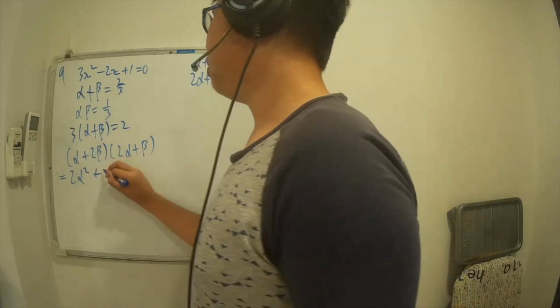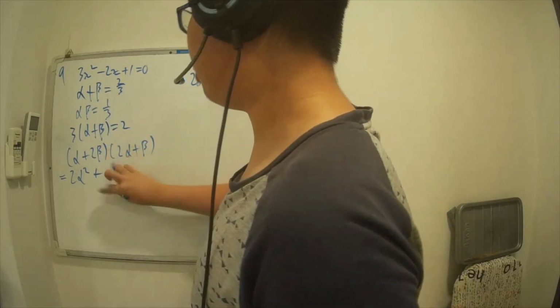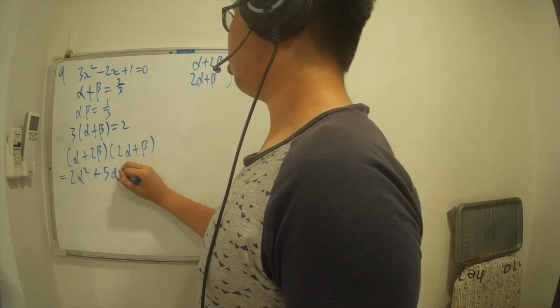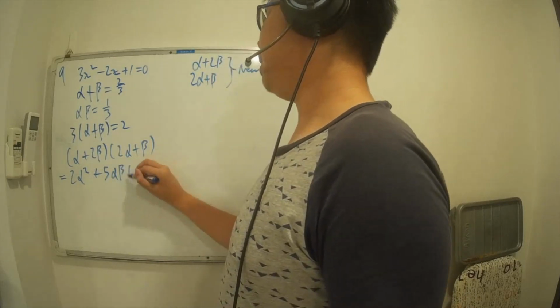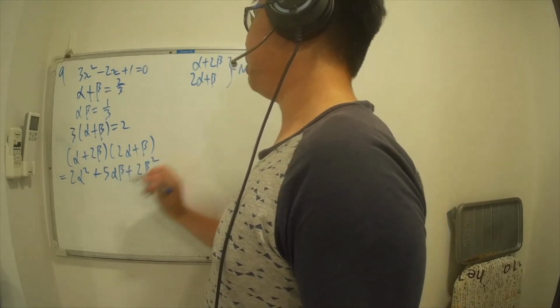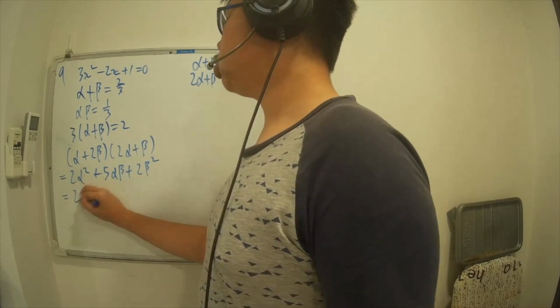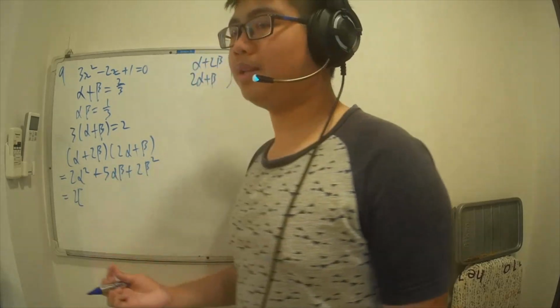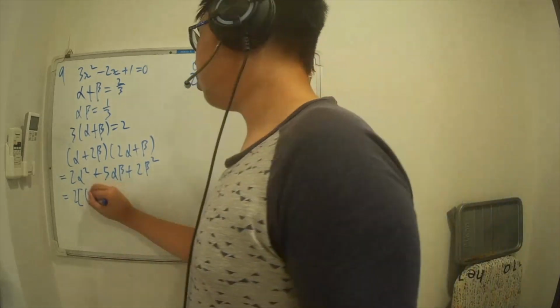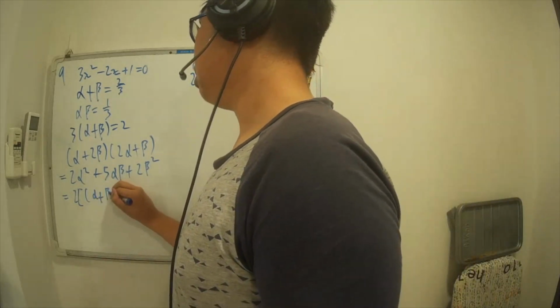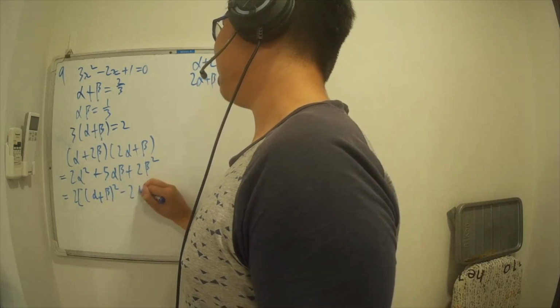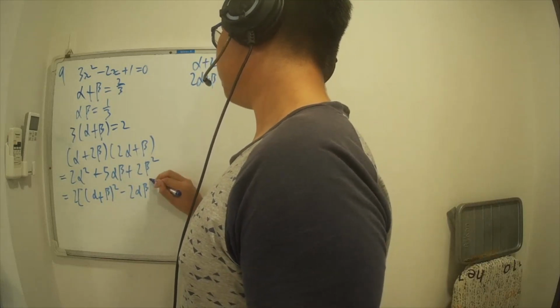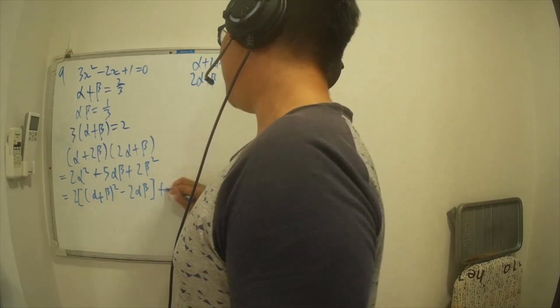So let's do that, 5 alpha beta, plus 2 beta squared, and this is equal to 2 times alpha squared plus beta squared, which we know is alpha plus beta squared minus 2 alpha beta, plus 5 alpha beta.